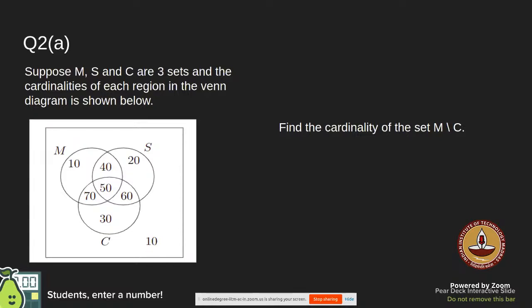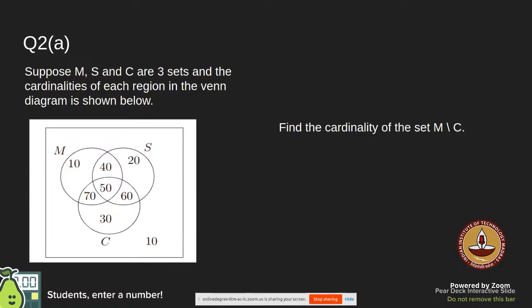So, what is the cardinality of M? 10 plus 40 plus 50 plus 70, that is 170. That is the cardinality of all these elements. So that's how this diagram is working.